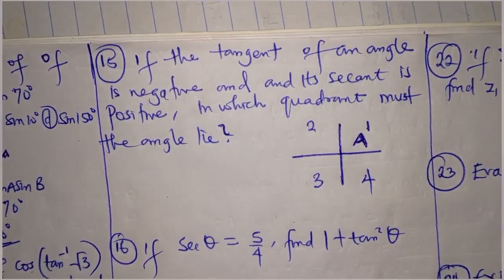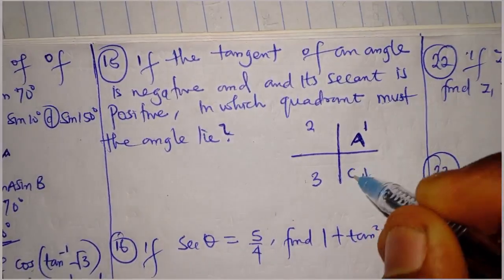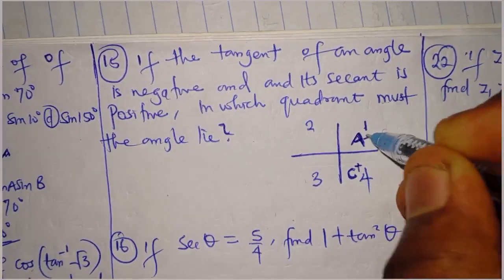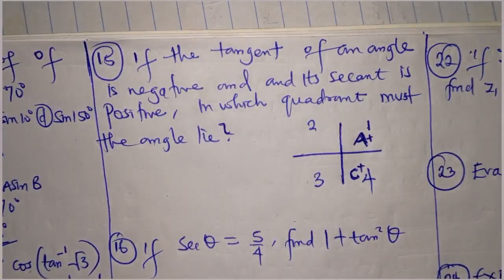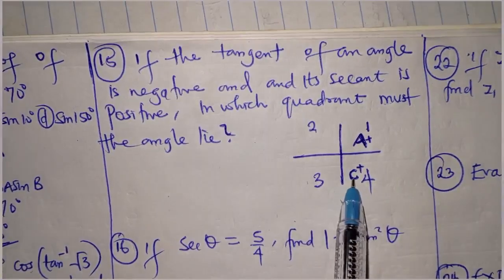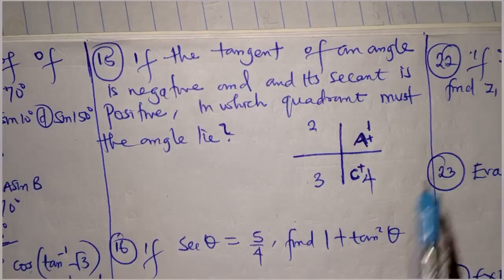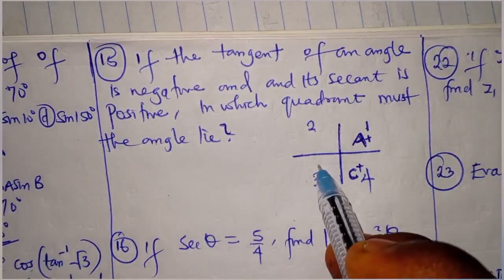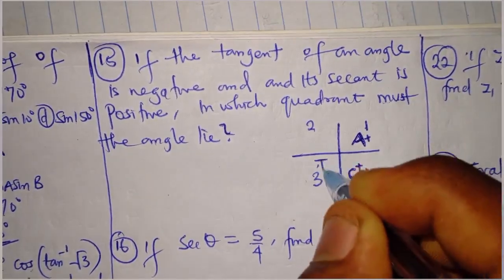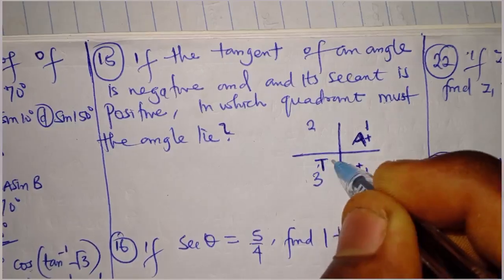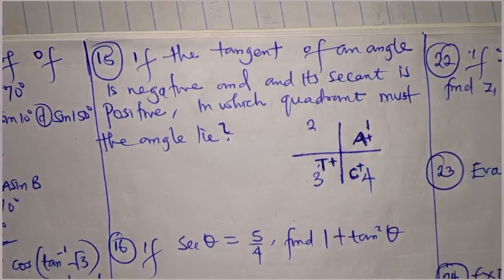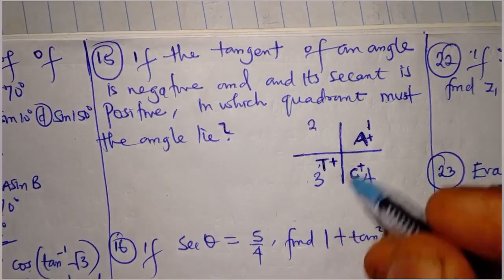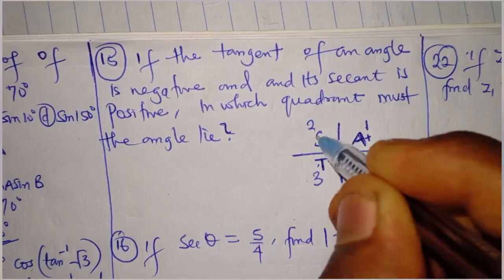In the fourth quadrant, only cosine is positive. It means that in this fourth quadrant, tan and sine are negative. In the third quadrant, only tangent is positive. Take note of this, please. And in the second quadrant now, only sine is positive.